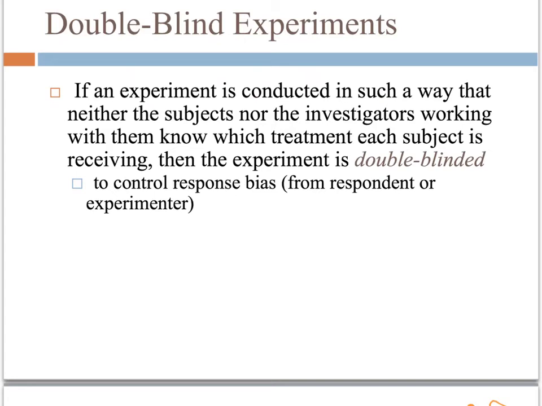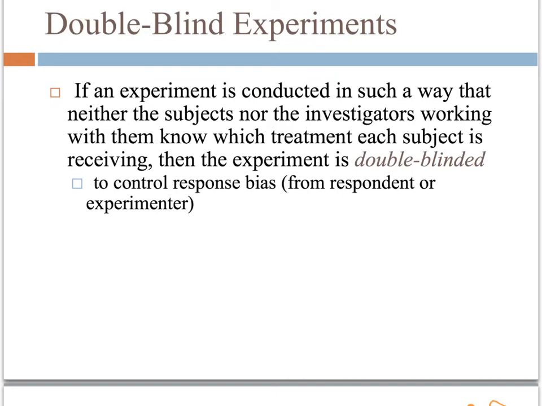When we call an experiment double-blind, that means it's done in such a way that neither the subjects nor the investigators know which treatment they're receiving. So like with the nicotine patch and the control patch, if you don't tell the subjects whether they got a nicotine patch or a control patch put on, and you don't tell the people that are putting them on and doing all the recording, all of the stuff that those experimenters do, you don't tell them which people have the control patch and which people have the nicotine patch.